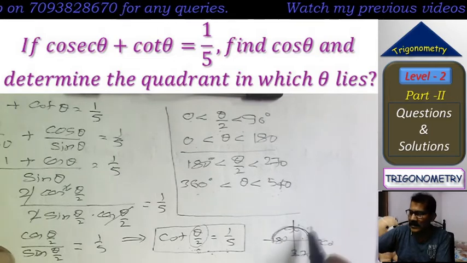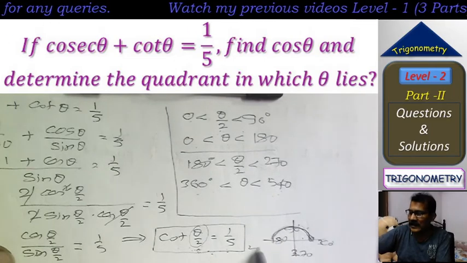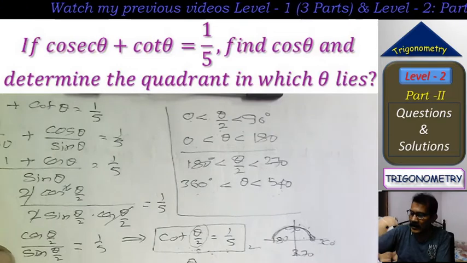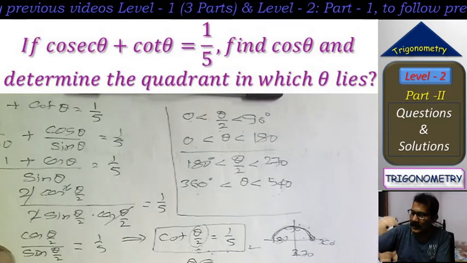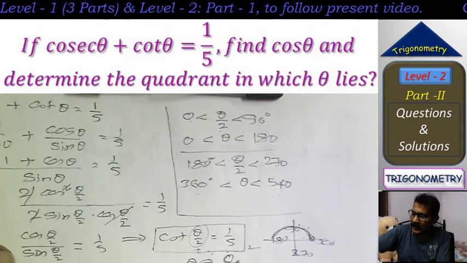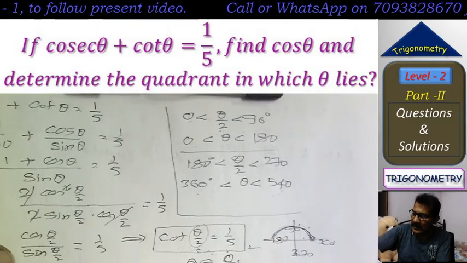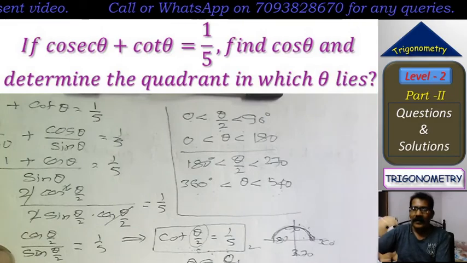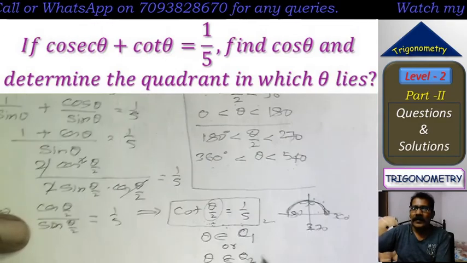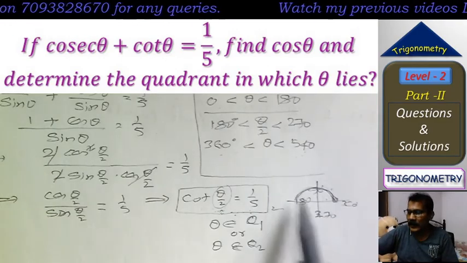So from this result only, we can conclude theta may belong to either the first quadrant or the second quadrant, right? So this is the output we got till now.